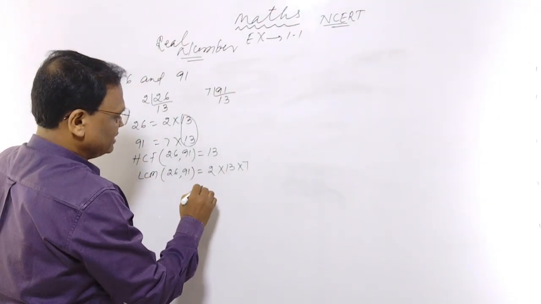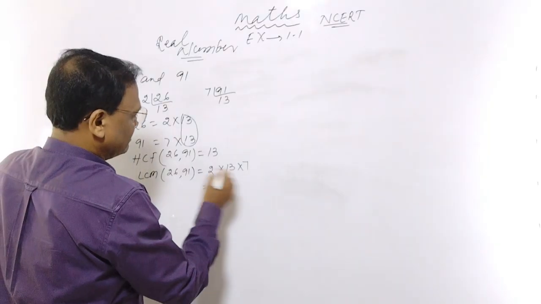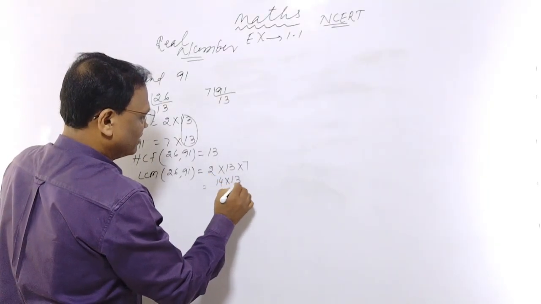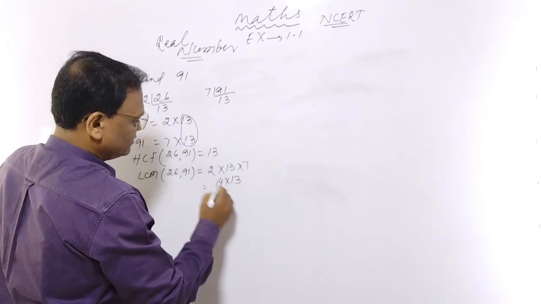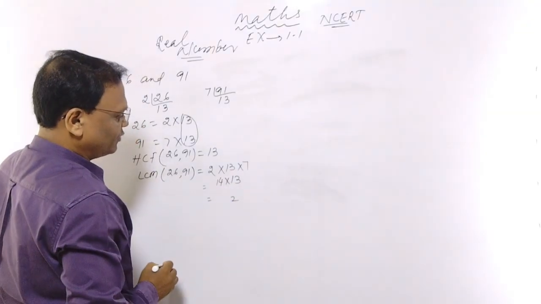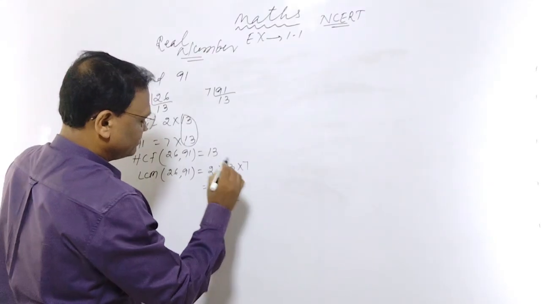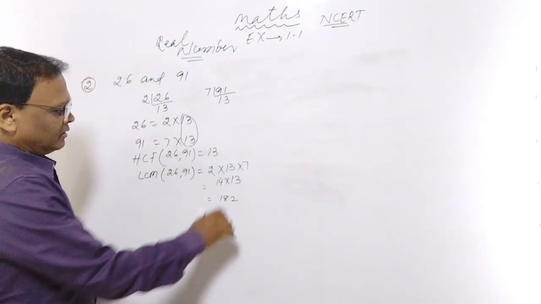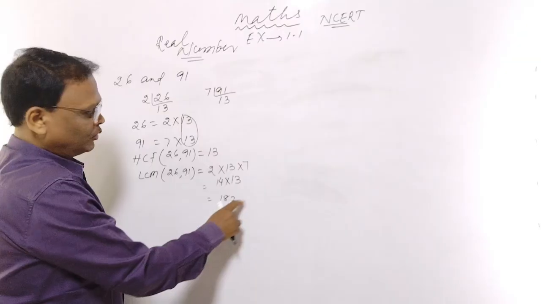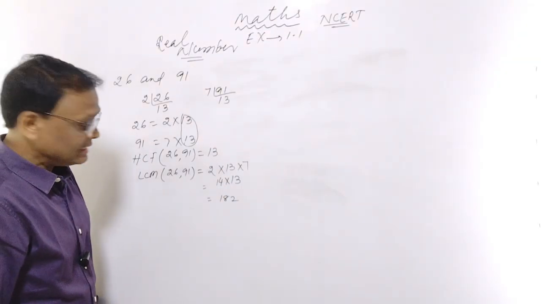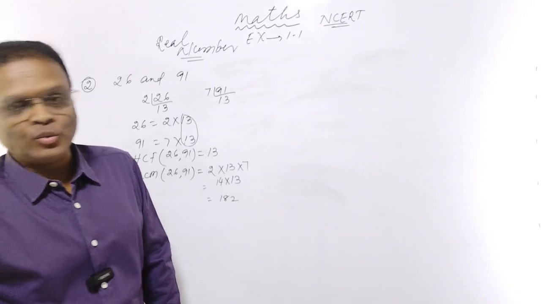Now 7 twos are 14, 14 into 13 gives 182. I got the LCM 182.